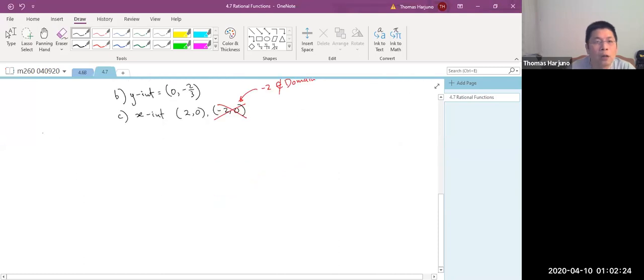So far, the questions that we need to anticipate: the first one is the domain. That's the easy part. And then the y-intercept, that's still easy. The x-intercept, that's still easy. Just be aware that it has to be in the domain of the rational function.